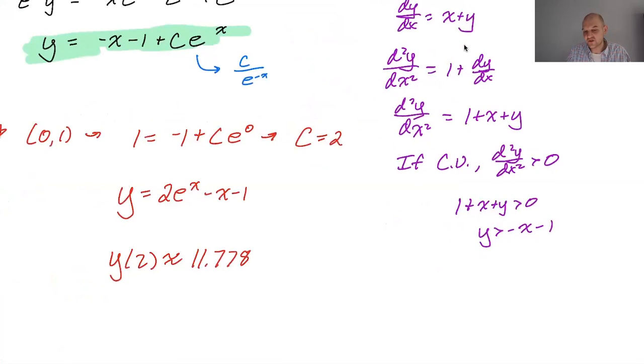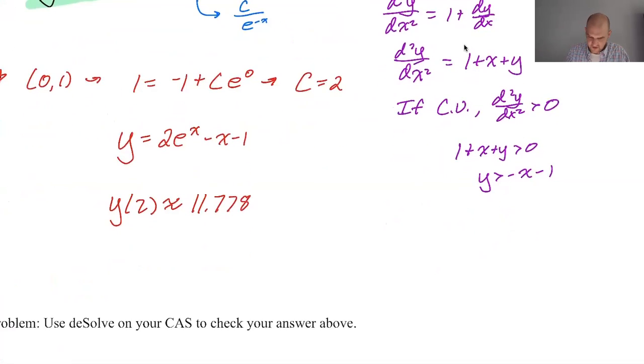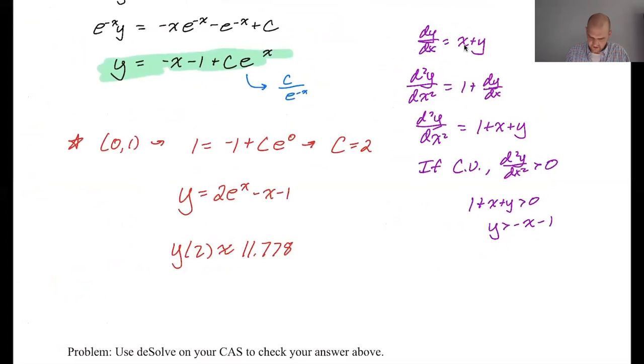As long as our solution curve is above negative x minus 1, which if you remember is actually the slant asymptote of this thing, the curve will be concave up, which means we'll get an underestimate. So how do we know that we are above that? Well, our initial condition, do we know we're above that? I don't know if we know we're above that.